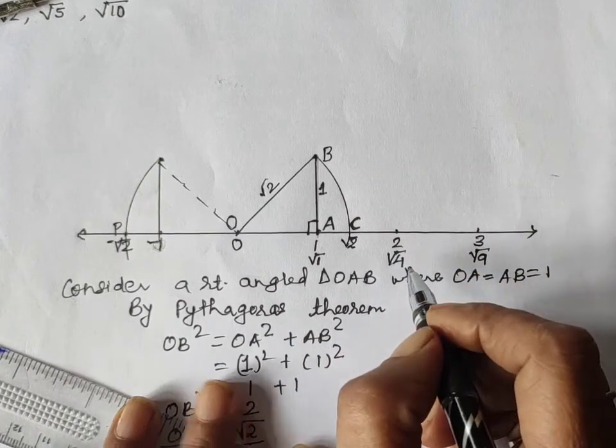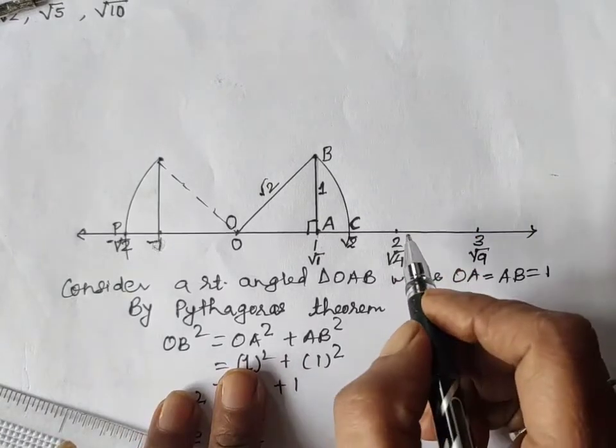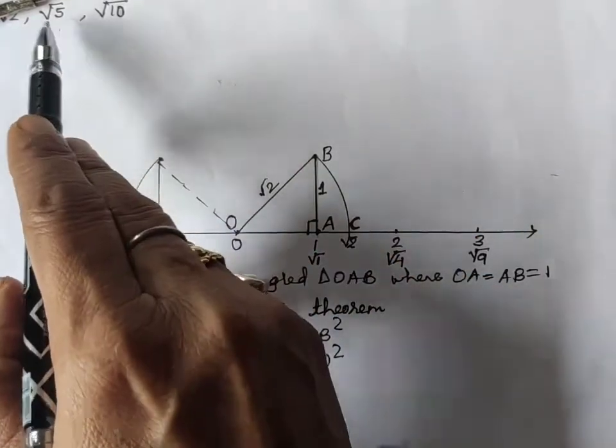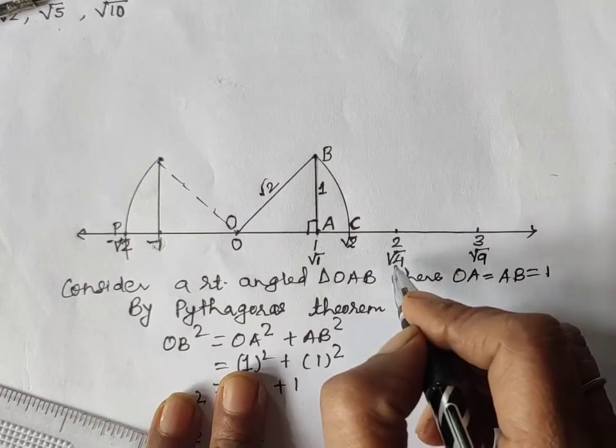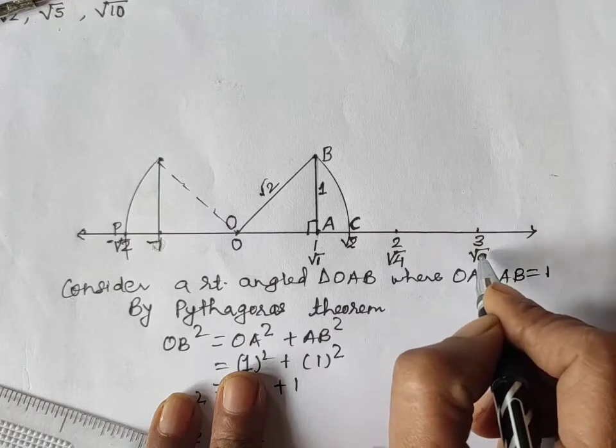Now sometimes you can directly show the irrational number on a number line. As here you can see, if you want to show root 5, as this is root 4, after root 4 root 5 will come, then root 6, root 7, root 8, and this will be root 9.